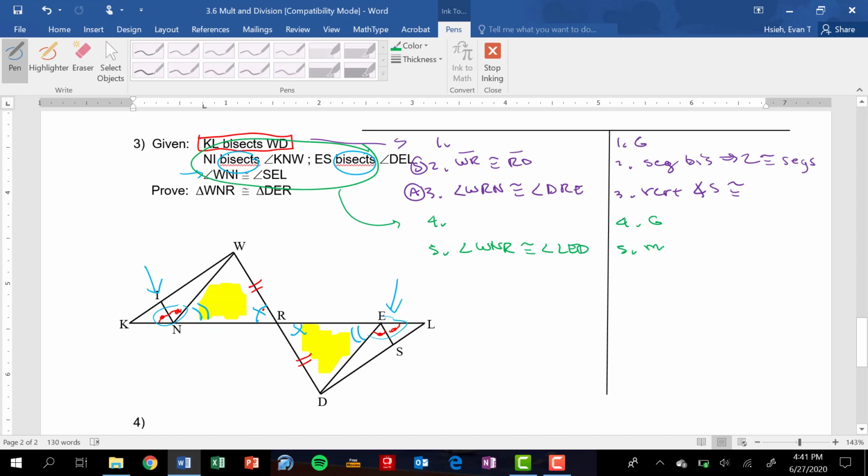And remember, that was by multiplication property, and you have to write it out. If you have 2 congruent angles and they're multiplied by the same amount, then you have 2 congruent angles.